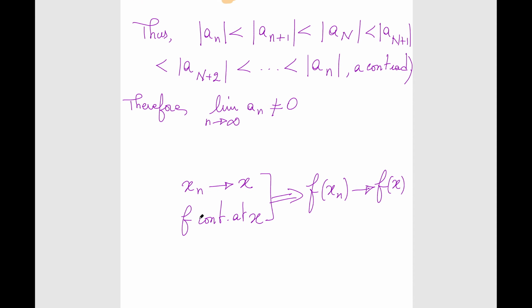In particular at 0. So what do we have here? We have that if an goes to 0, I'm assuming that this is not the case, I'm assuming otherwise happens.